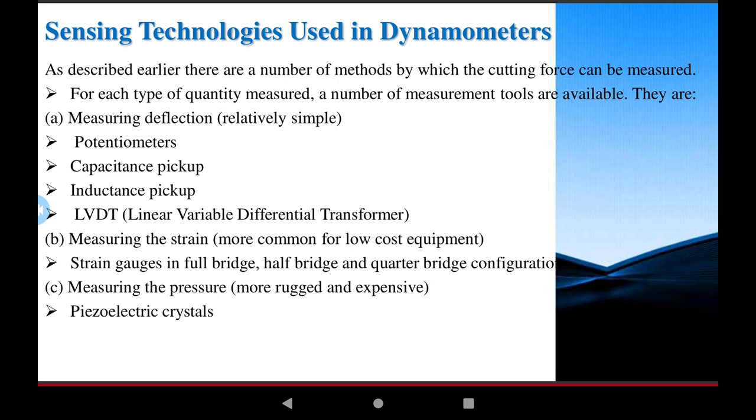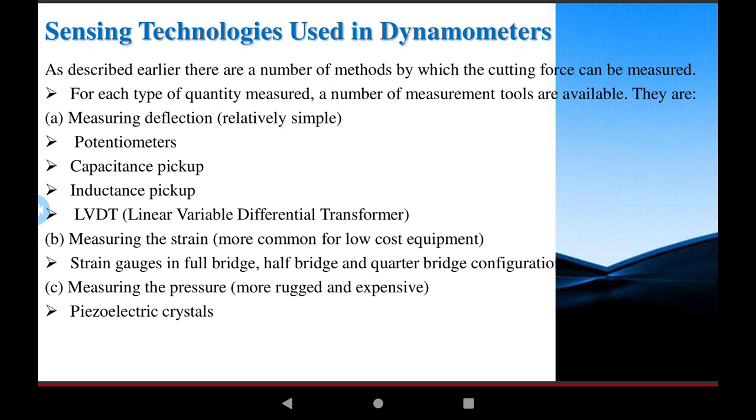They measure deflection, using a potentiometer, capacitance pickup, inductance pickup, or LVDT, the linear variable differential transformer. Measuring the strain is more common for low cost equipment.